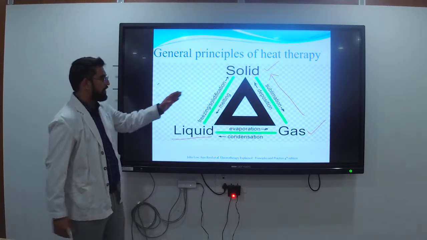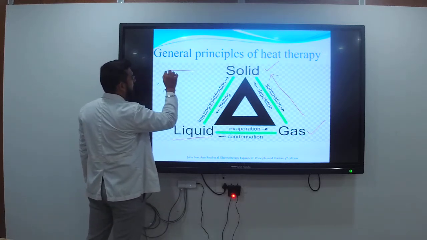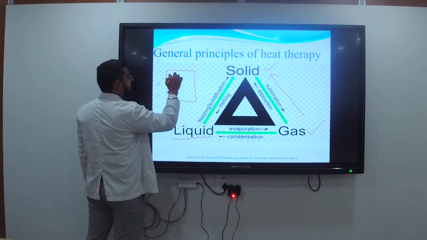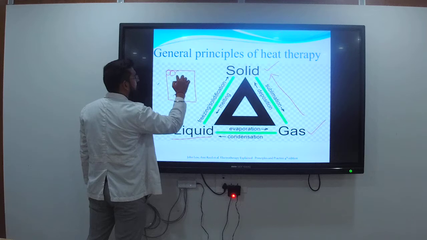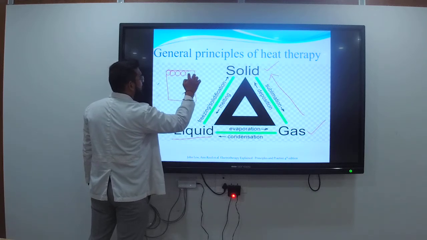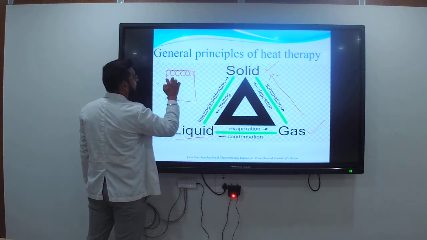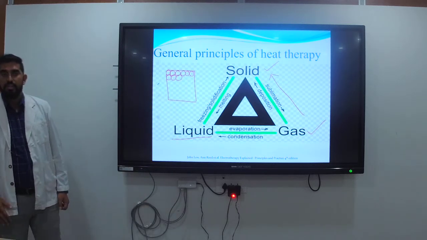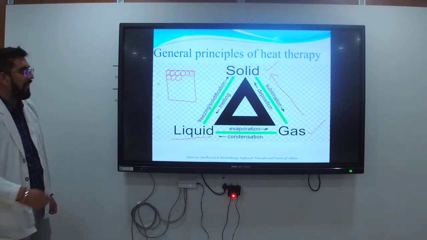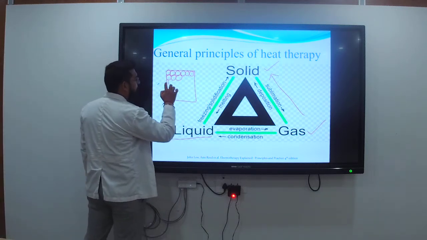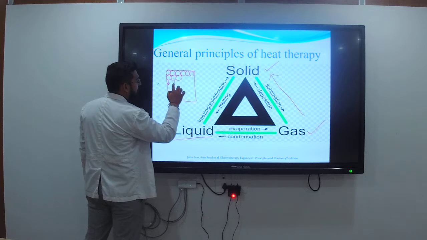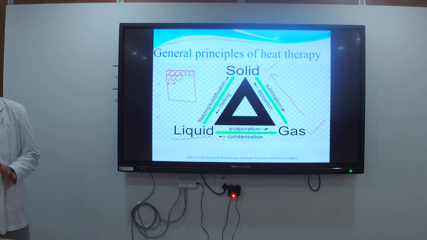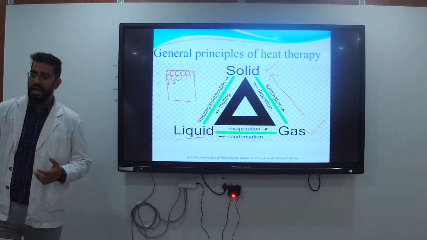If you see a solid object, it has certain molecules which are closely packed to each other. That means they do not have any intermolecular distance between them to oscillate. They are closely packed together.